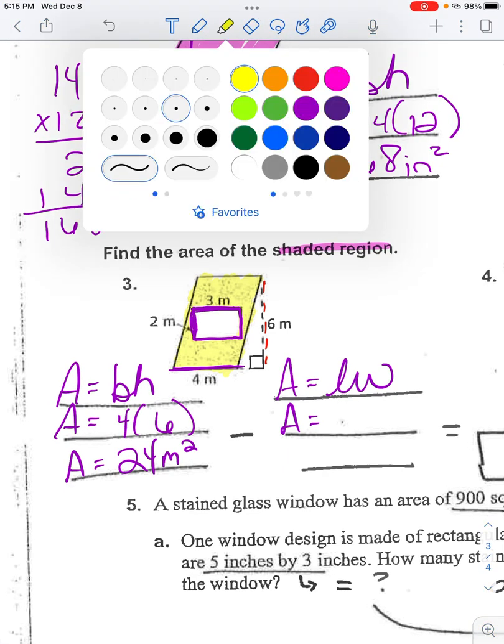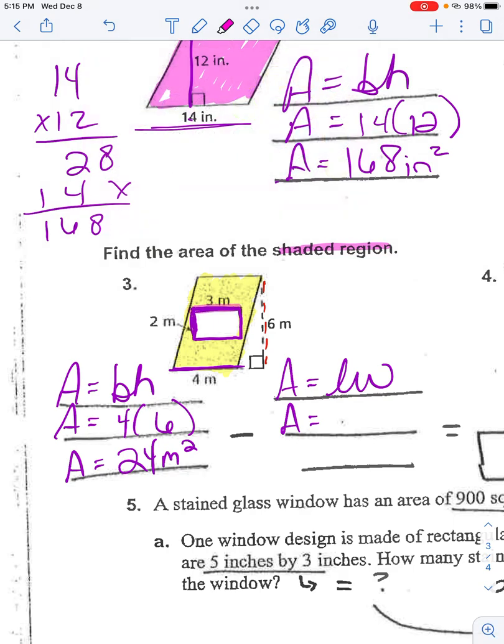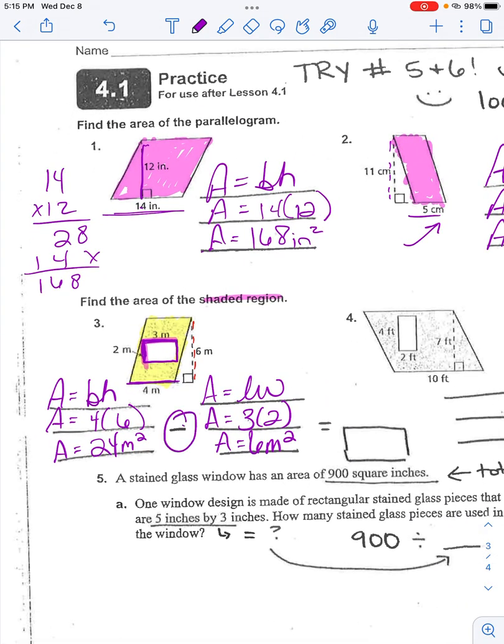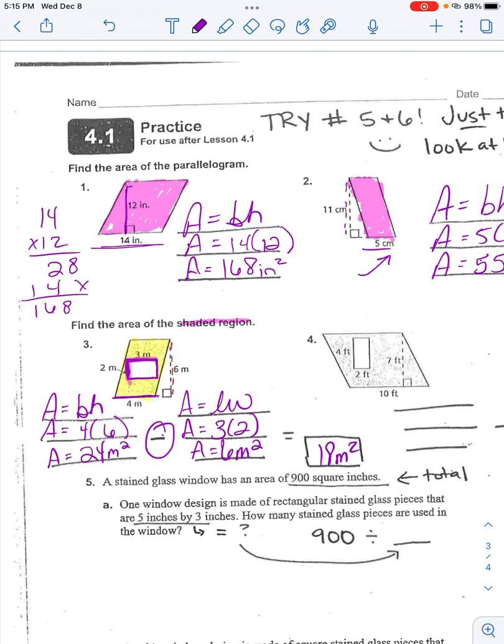So 3 by 2, the area of the rectangle is 6 meters squared. And now you're going to subtract 24 minus 6, which is 18 meters squared, the area of the shaded region.